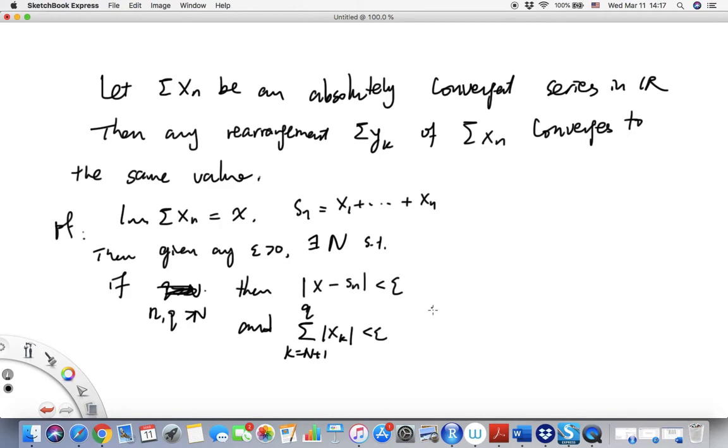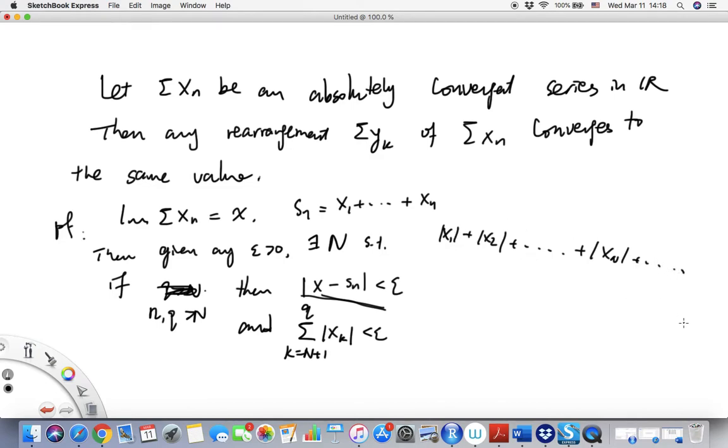Okay, so why is this true? This part should be no surprise, because the sequence of partial sums converges to x. Now, how about this part? Well, this follows from the assumption that our series is absolutely convergent. So you can think these are our terms: absolute value of x1 plus absolute value of x2 plus absolute value of xn and so on.